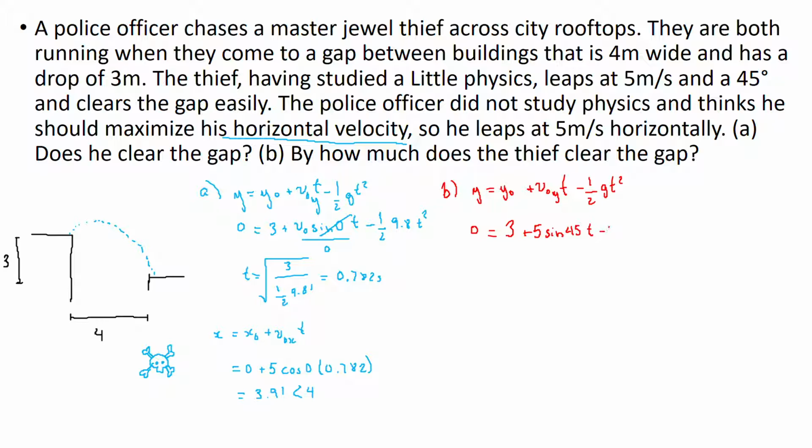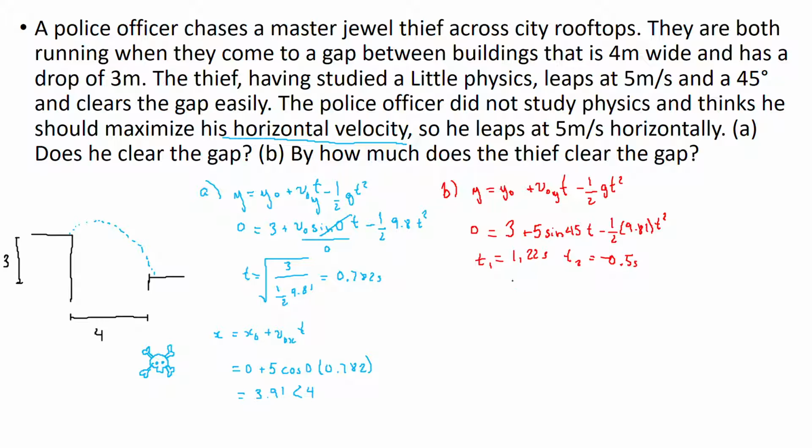And minus a half of 9.81 times t squared. From here, what we need to know is that we just solve this with the general formula, and you get two results. The first one is 1.22 seconds, and the other one is minus 0.5 seconds.